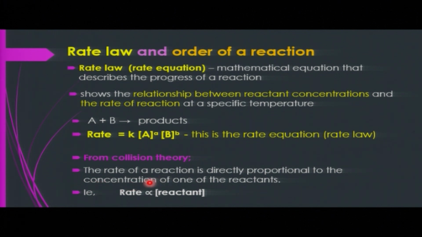So the rate is directly proportional to the concentration of the reactant. At least one should have a concentration which is appreciable to allow those collisions. So this gives us a mathematical expression: rate is directly proportional to the concentration of reactants.